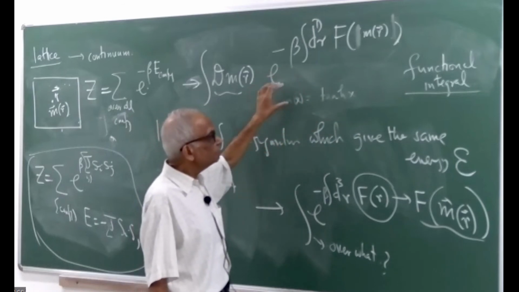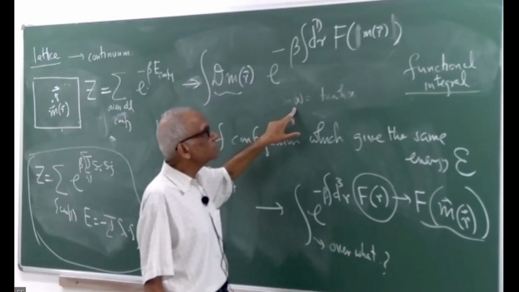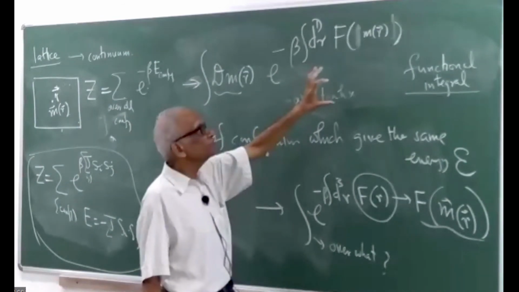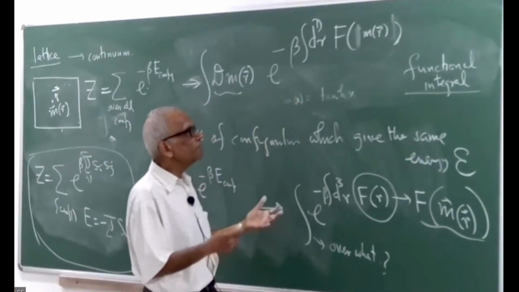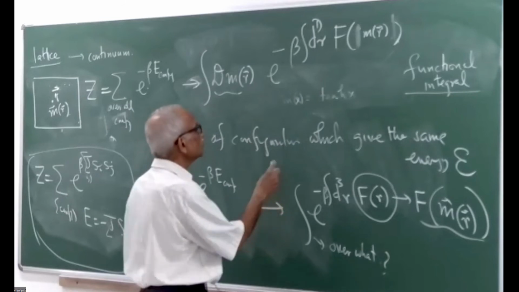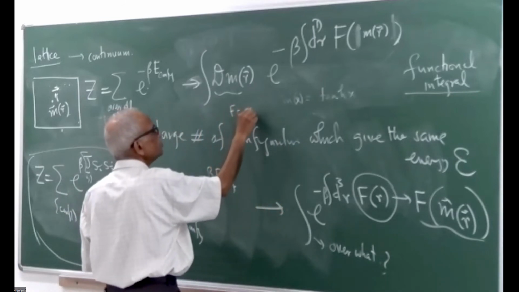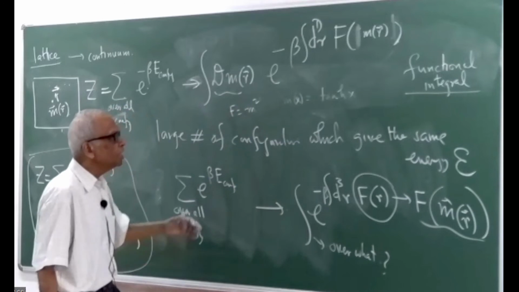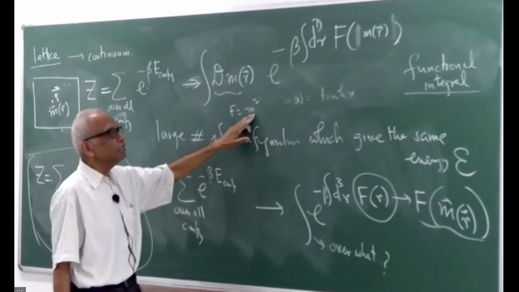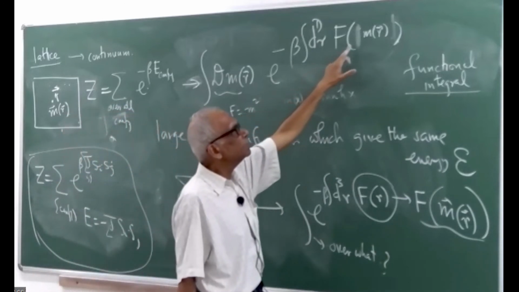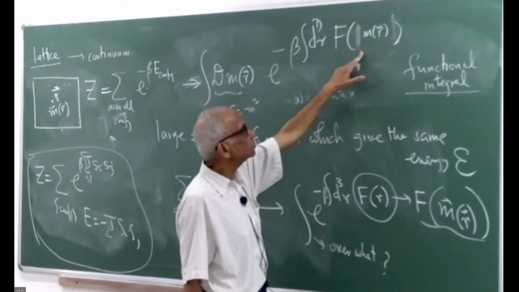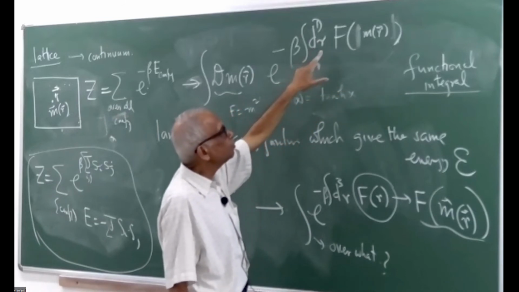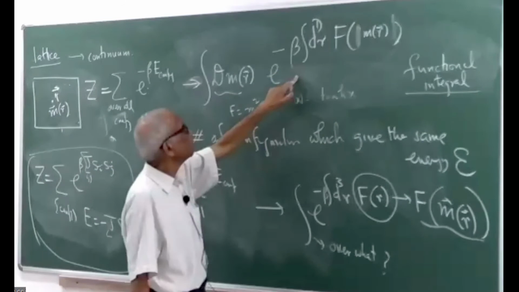Then for that function, f has some form. Let's say f is a quadratic function of m, f equal to m squared. What goes in over here is tanh squared x, and there is dx. You integrate and you get a number.